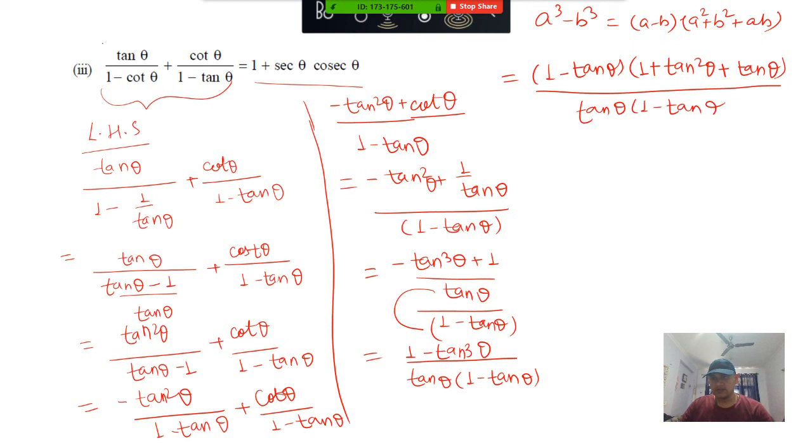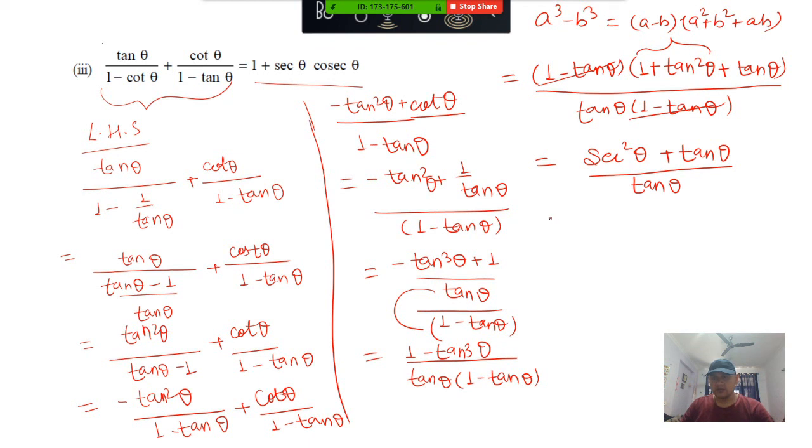So as you see, 1 minus tan theta and 1 minus tan theta get cancelled. It remains 1 plus tan square theta plus tan theta. And from the identity, we know that 1 plus tan square theta is sec square theta. So it becomes sec square theta plus tan theta upon tan theta.